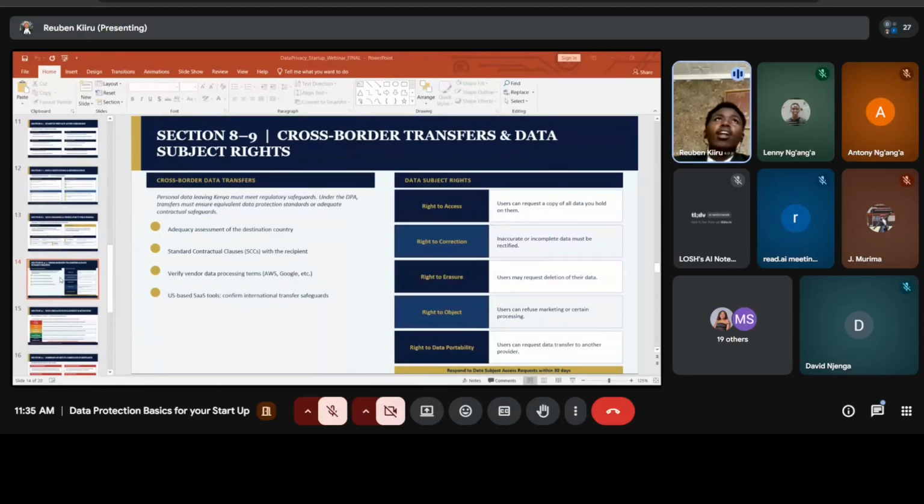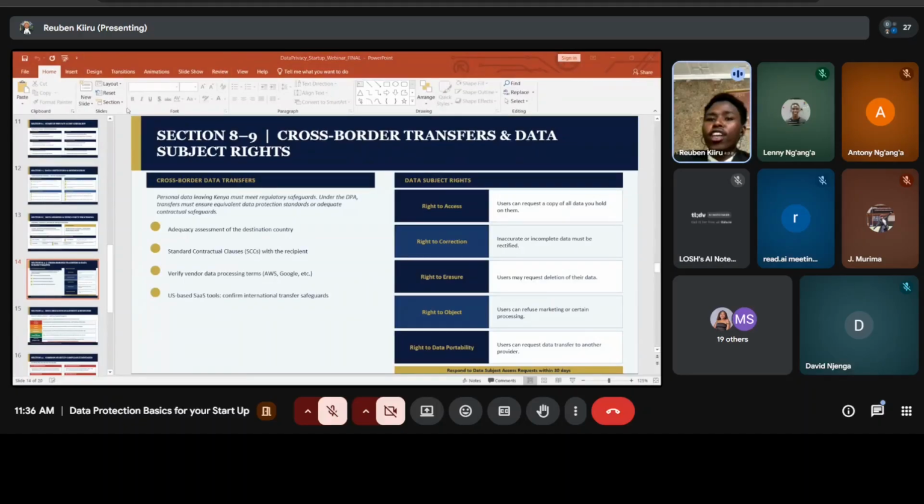So she has an opportunity to then sue or take them to the ODPC to get them to comply, or even the Ombudsman office under the Access to Information Act to request their information and their data.